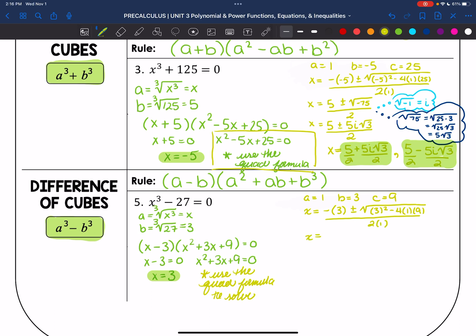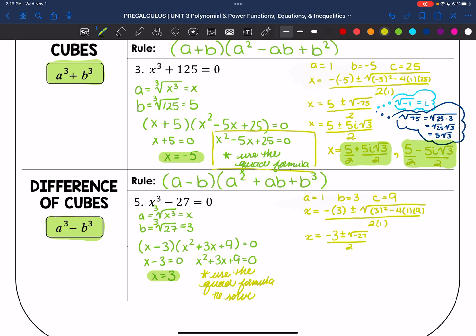Let's simplify. This is going to just be a negative 3 plus or minus. And what is that going to be inside of the radical? What is that going to be, you guys? We should have the square root of negative 27, and that's all being divided by 2.